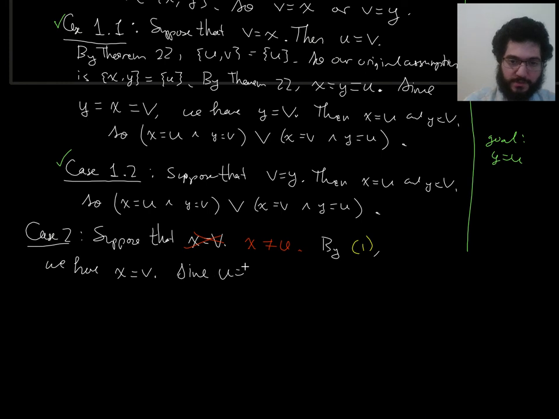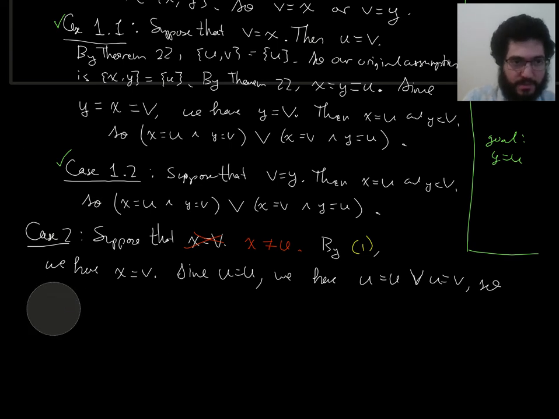So since u equals u, we have u equals u or u equals v. So by axiom 5, u is in there.